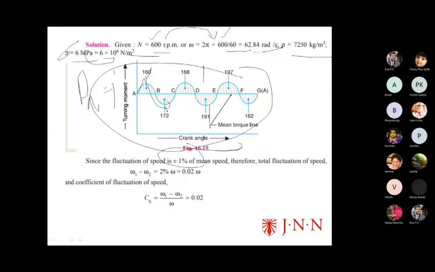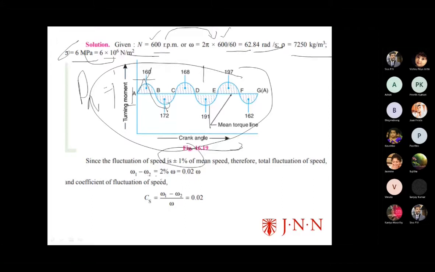It cannot go for unlimited distance. So total positive one, negative one, total 2%. So the fluctuation of speed is plus or minus 1% of the mean speed.